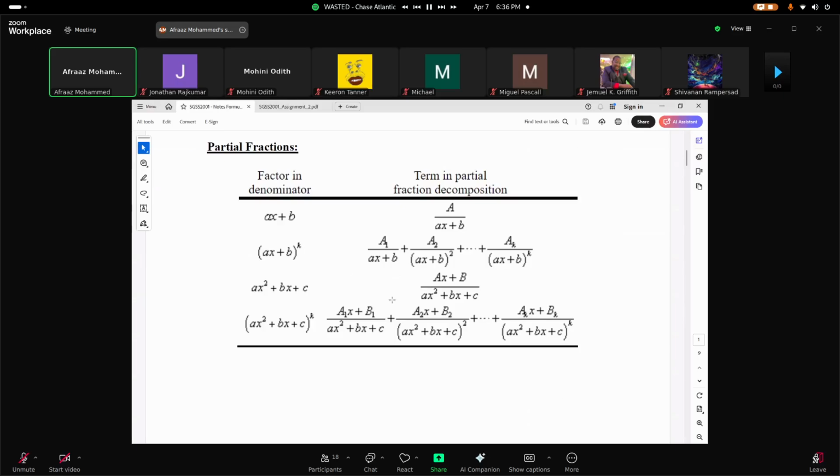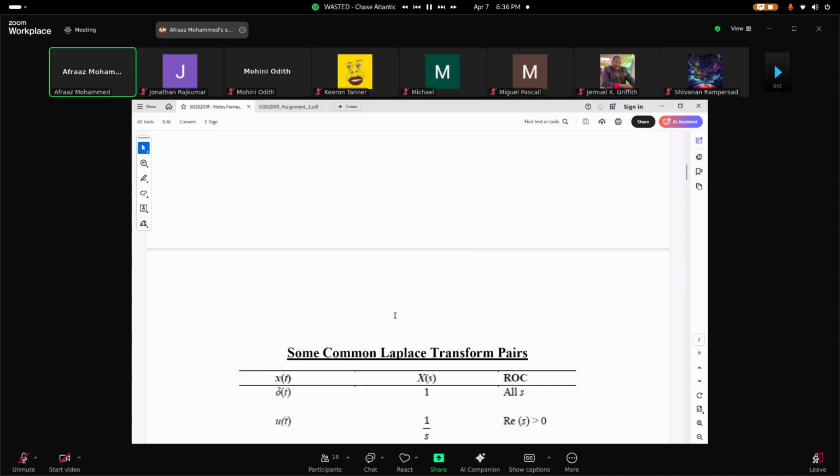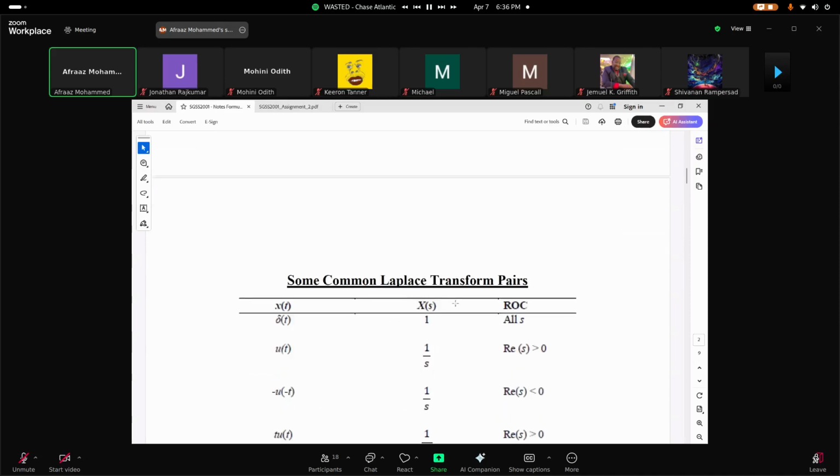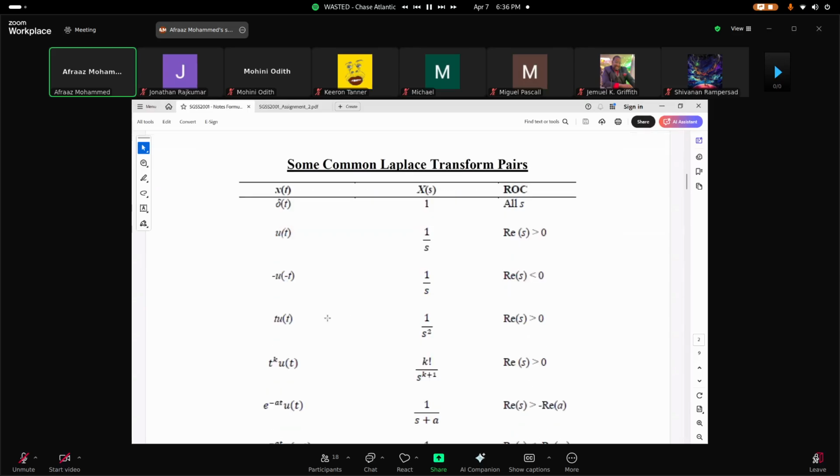That's the first page. The second page has some Laplace transform pairs. This looks at something in the time domain and gives its Laplace domain representation.